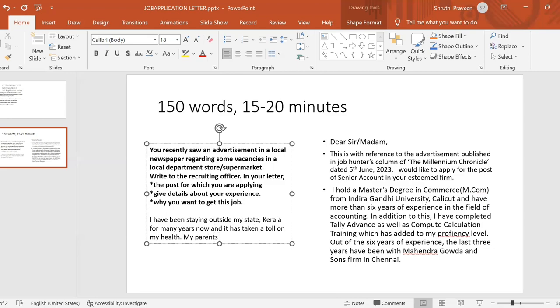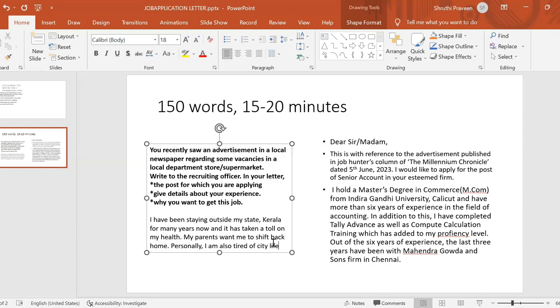My parents want me to shift back home. Personally, I'm also tired of city life. Okay, looks like you were in Chennai with this firm and now you want to move back home.